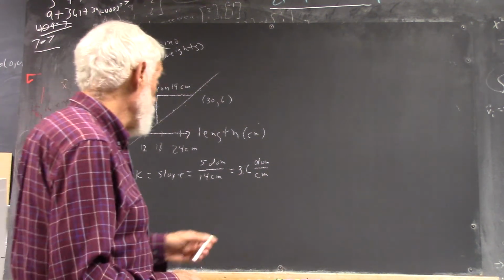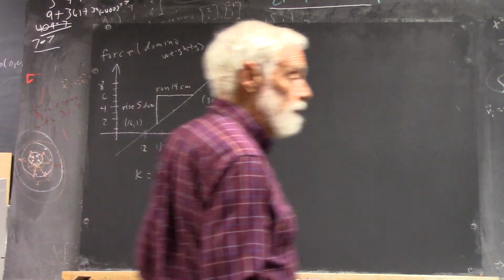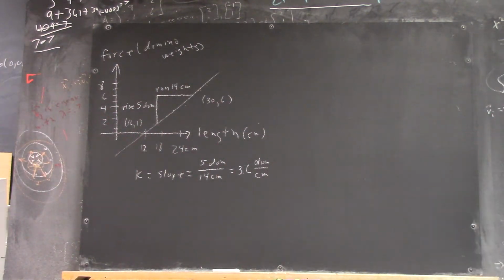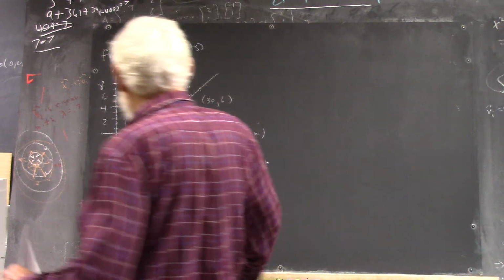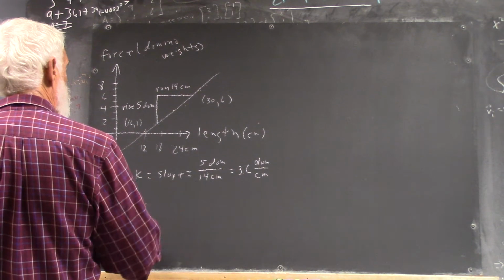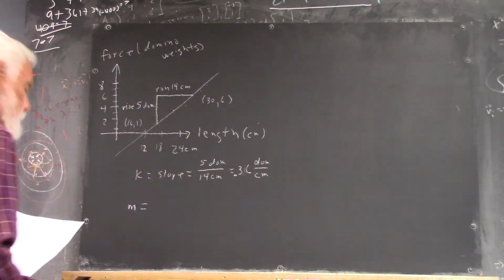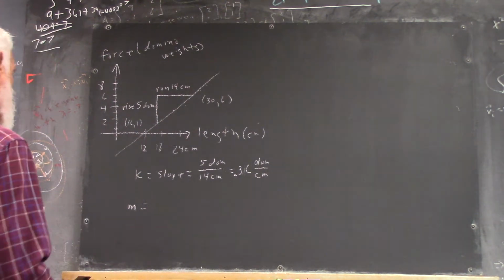So that would be your K for this particular graph, right? For this particular. Now, we say that if M is the mass of a bag in domino masses. Wouldn't it be 0.36? Yes. Watch me on that. Okay?